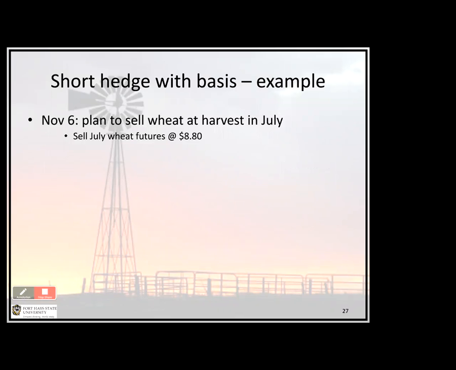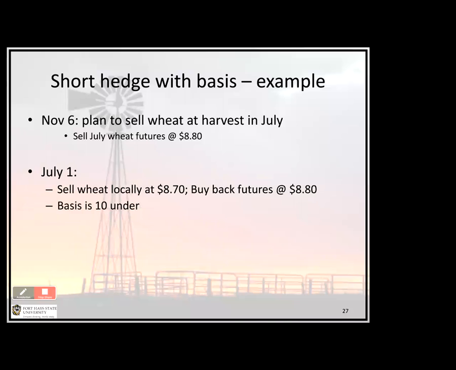We've got our wheat in the ground, it's looking good, and we want to protect that and lock in a price. So we decided to hedge, and to do that we need to sell a July wheat futures contract. Let's say it's at $8.80, which would be unbelievable, but the levels don't really matter here.